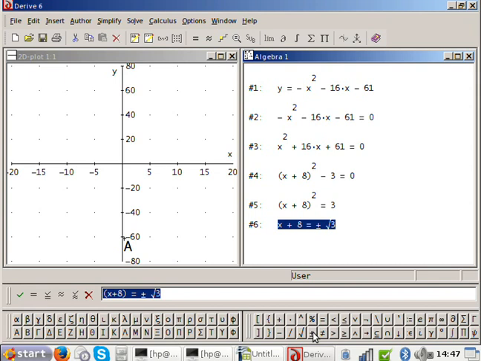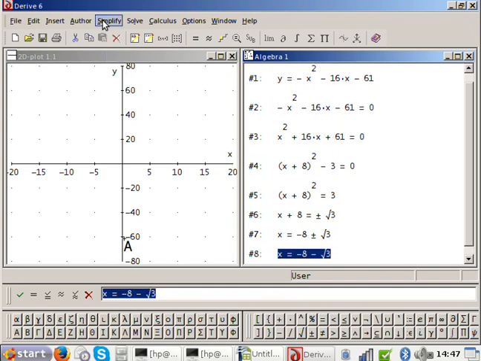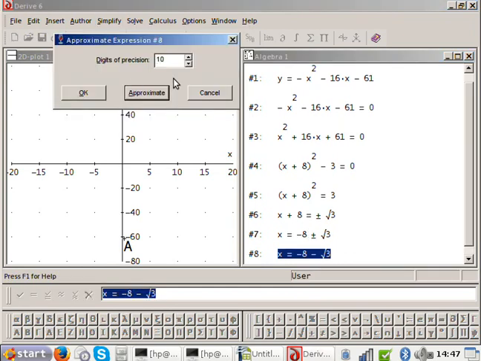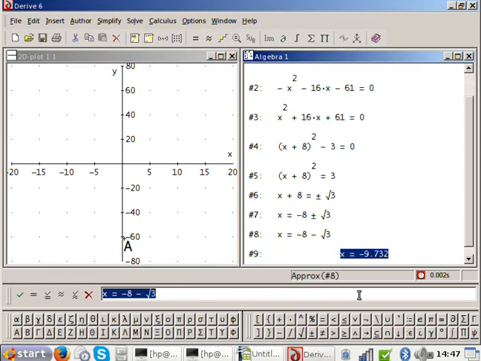So you see, I get two ugly answers. I get x equals minus 8 plus or minus square root 3. So let's get the first ugly answer with the minus. Simplify on my calculator and we'll get approximately minus 9.732, which is ugly.